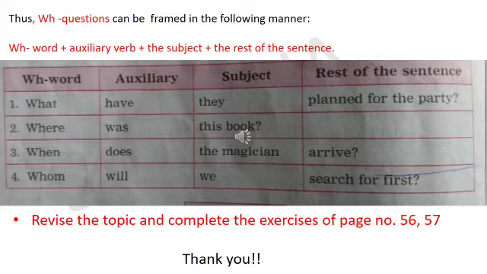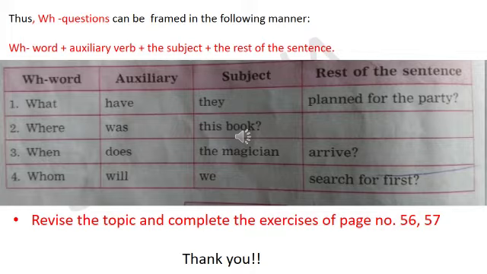Second one. Which is the WH word in the second one, the auxiliary and the subject? So, where was this book? Was is the auxiliary, where is the WH word, and this book is the subject. There is nothing in the rest of the sentence. Now, when does the magician arrive?